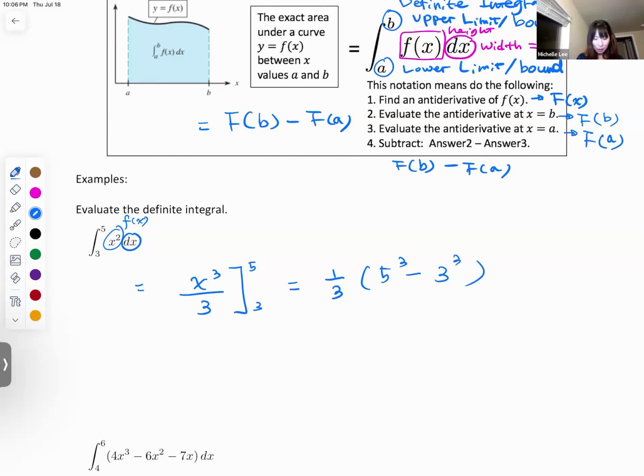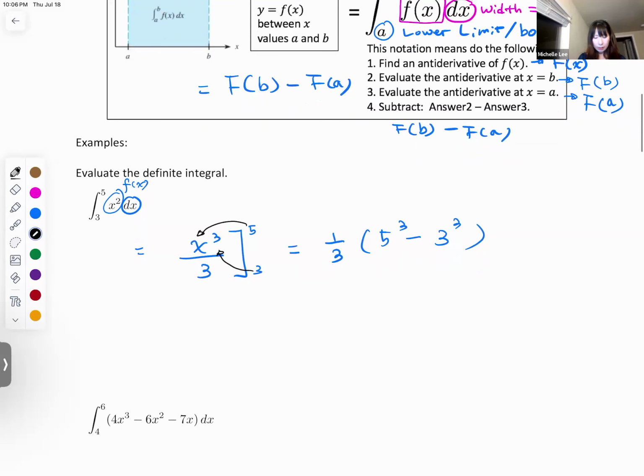Basically we just substitute. Or we can keep the 1/3 inside, that's fine too. Is that okay with you? Then the inside we have 98. If we calculate, then we get 32.6667.